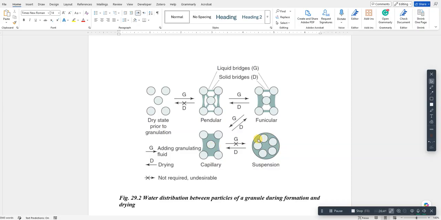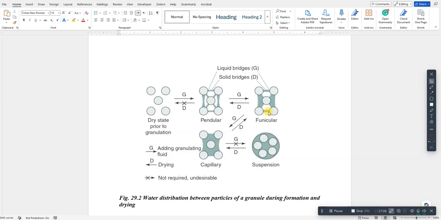And you have the suspension state, but this state is only important when we are talking, for example, about spray drying, because in spray drying you have a suspension or solution, and you will form a droplet, and this droplet will eventually evaporate. So this is not important in conventional or traditional wet granulation.